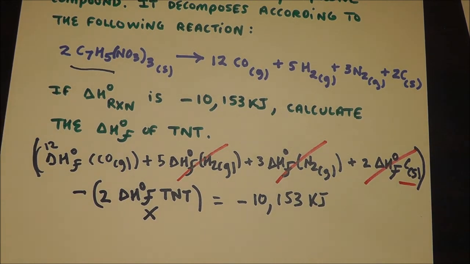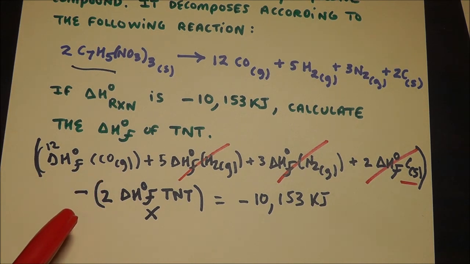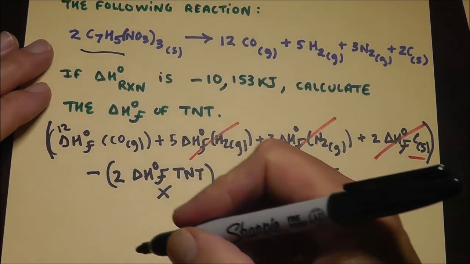And so this is all going to boil down to 12 times the delta HF of carbon monoxide minus 2x equals 10,153. By the way, I'm kind of wondering if this is wildly positive or not very negative, because TNT doesn't sound like a very stable molecule to me at all. That's the whole point of it.